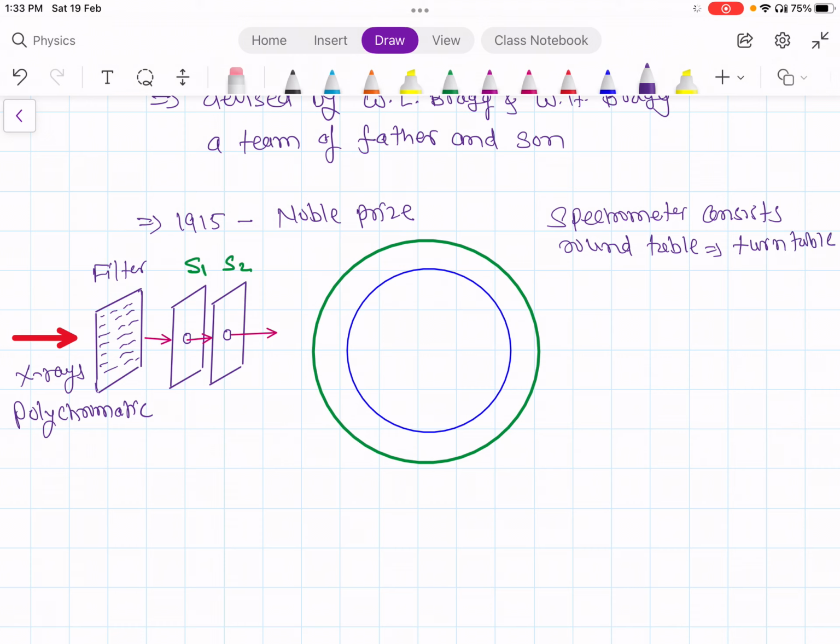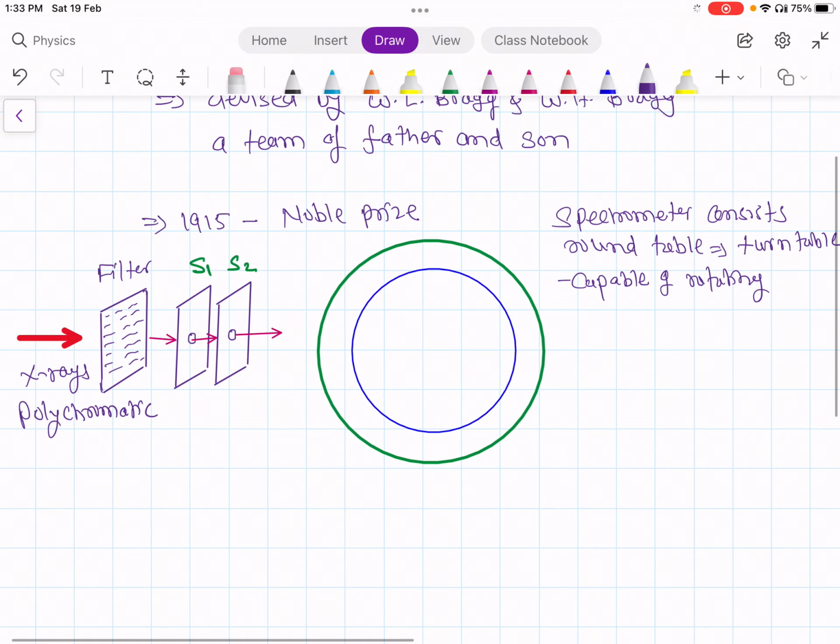And this turntable is capable of rotating around a vertical axis passing through its center.